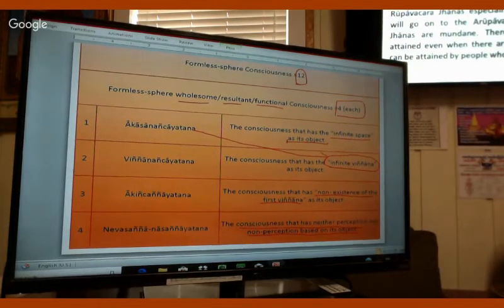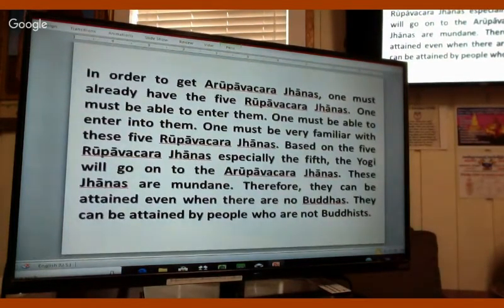So in order to get the arupa jhana, first you need to already have the five rupavachara jhana, Form-sphere jhana. A person must be able to enter them at any time in the practice, again and again. After that, enter the jhana very quickly, and come out of the jhana very fast. So we need to practice like this.